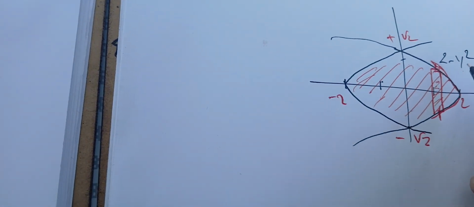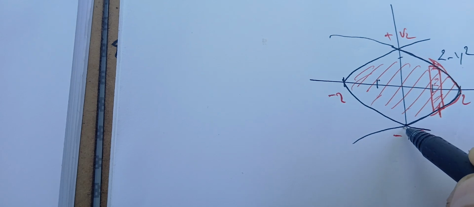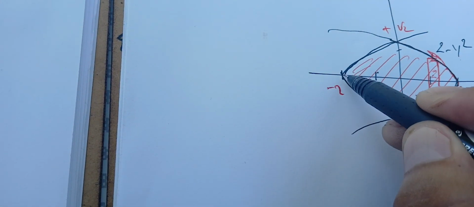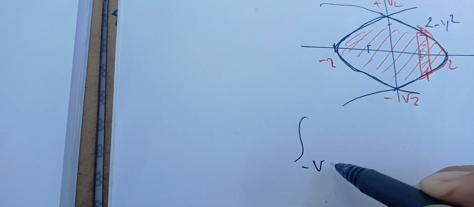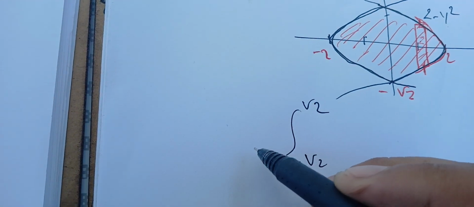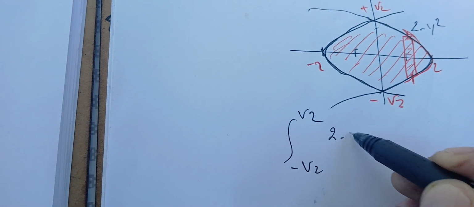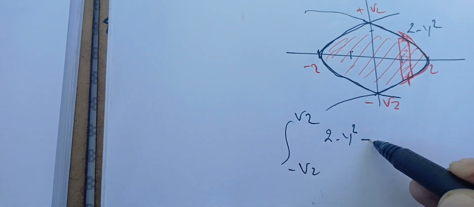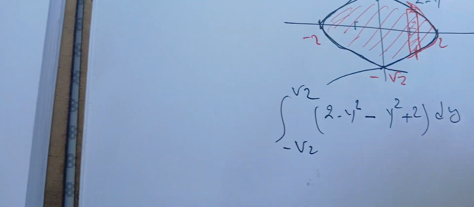Here, if I integrate with respect to y, I see that I have my function on the right, on top of the second one. So I can integrate between minus square root of 2 and square root of 2 of the function on the right, which is 2 minus y squared minus y squared plus 2, dy.